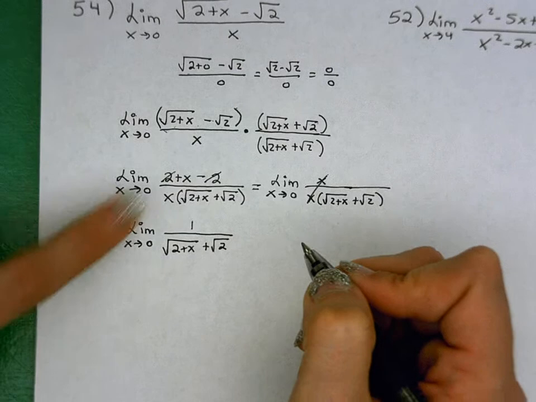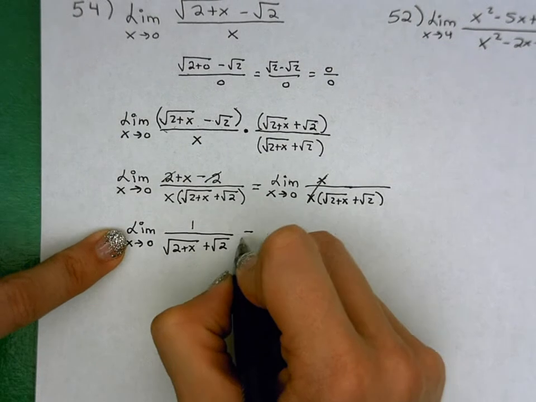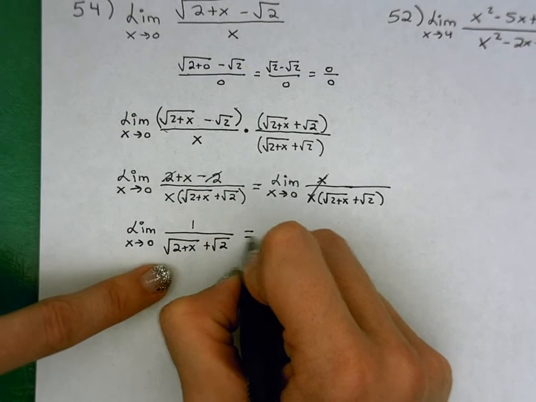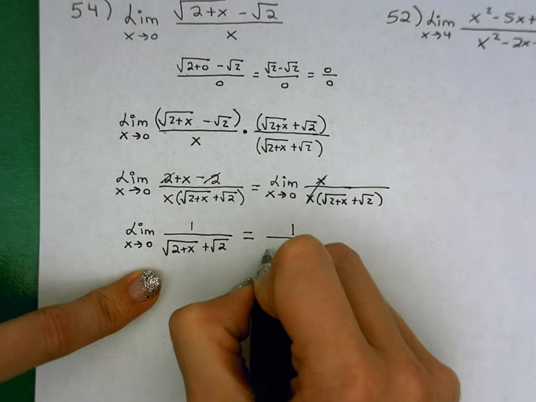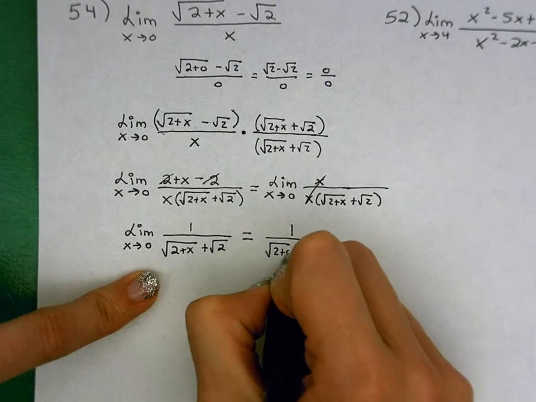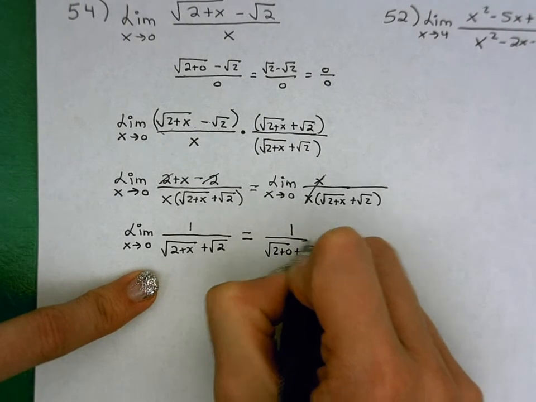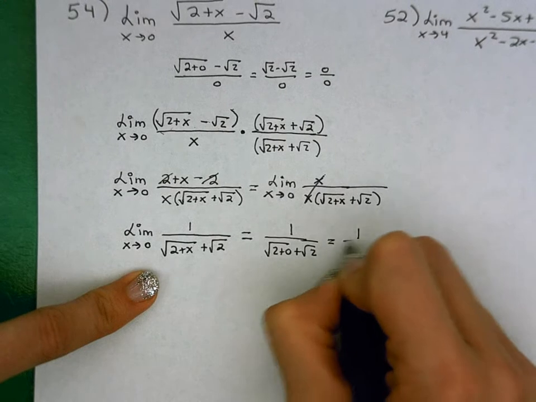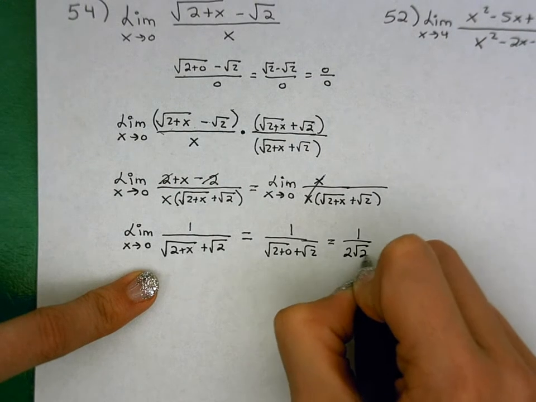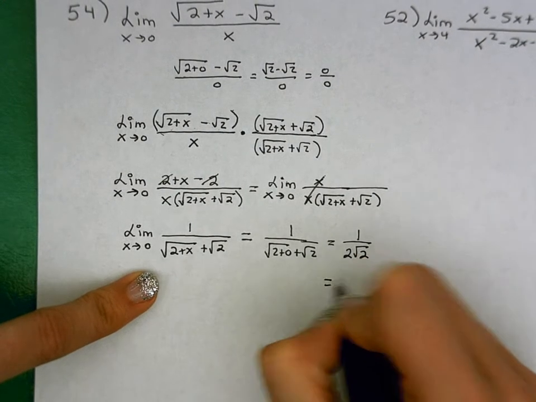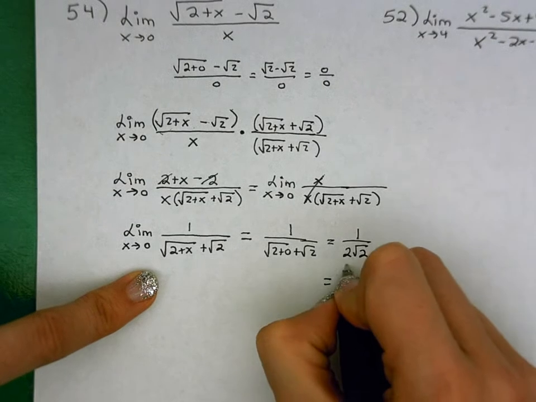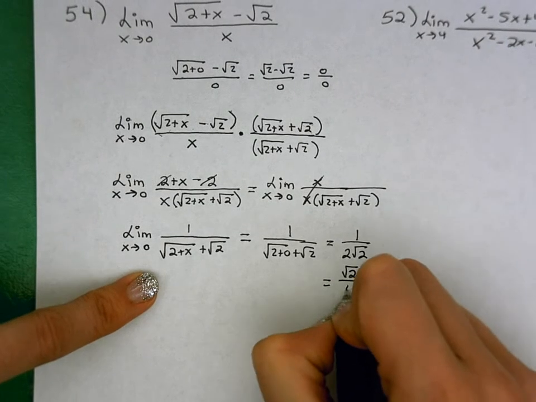Then we can substitute at this point, take this 0 and plug it into our equation, and we'll get 1 over root 2 plus 0 plus root 2, which is 1 over 2 root 2, or if you multiply top and bottom by root 2, root 2 over 4.